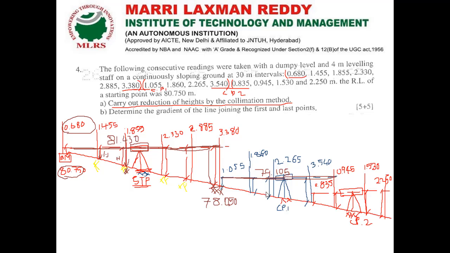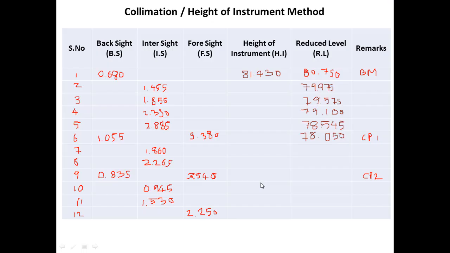So now I can get the remaining point RLs. This 79.105 minus 1.860 gives the RL of this point. Likewise, we have to calculate for everything. So 79.105 is the height of instrument with respect to CP1. From now onwards we have to deduct from this height of instrument.